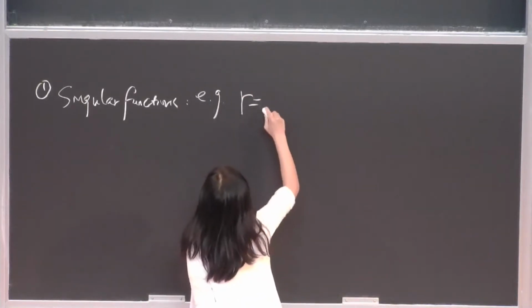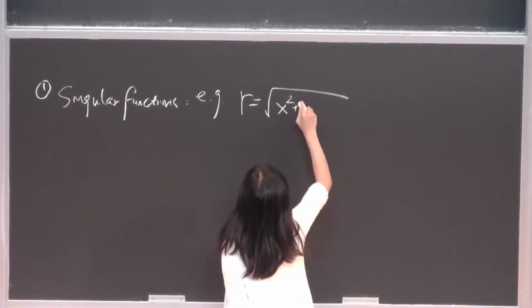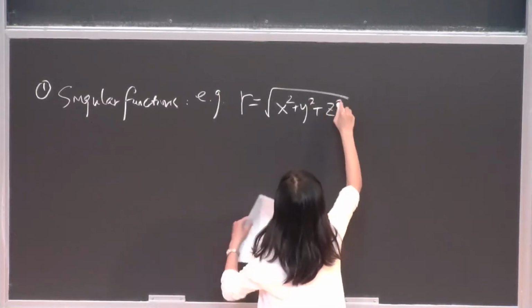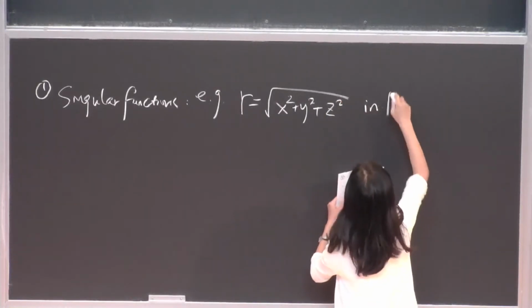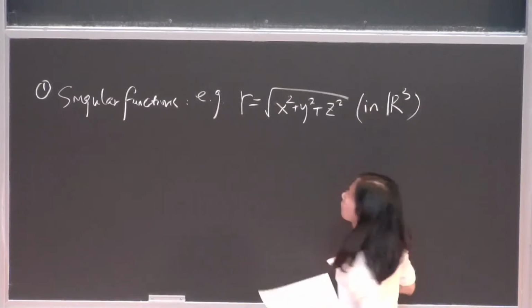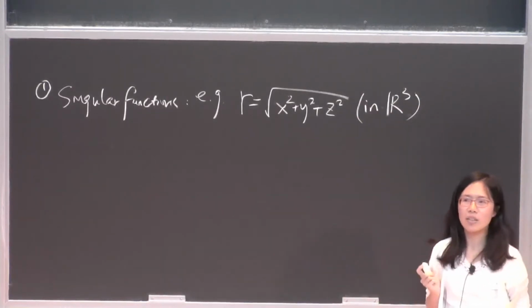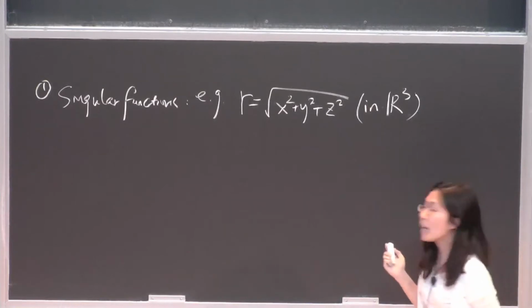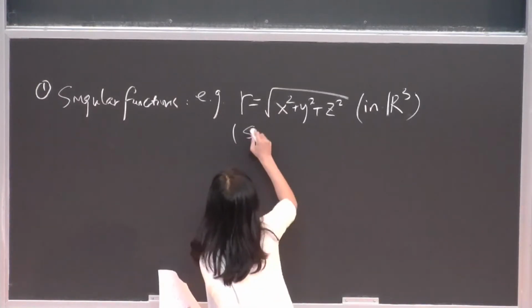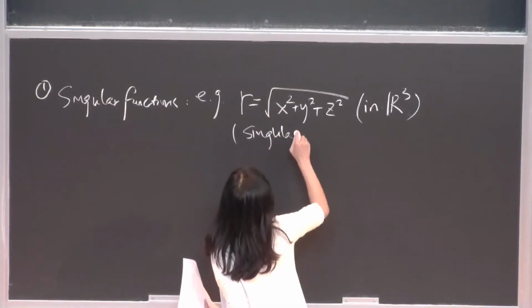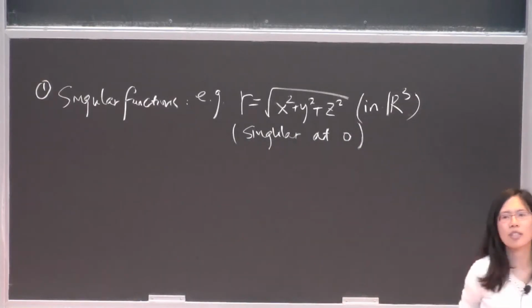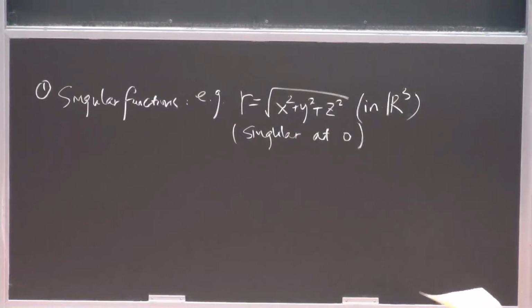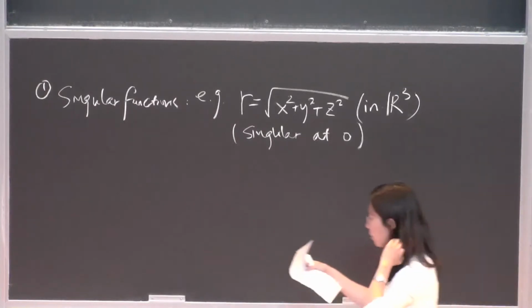Consider r equals the square root of x squared plus y squared plus z squared in R3. This function is smooth everywhere except at 0. So this is singular at 0. If you compute the derivative, you'll see that. And that's the first thing we'll talk about.